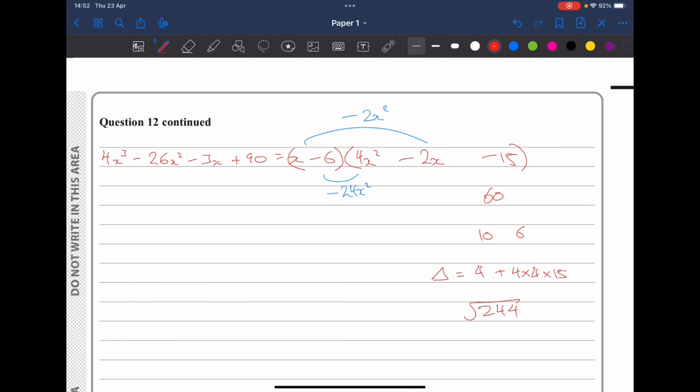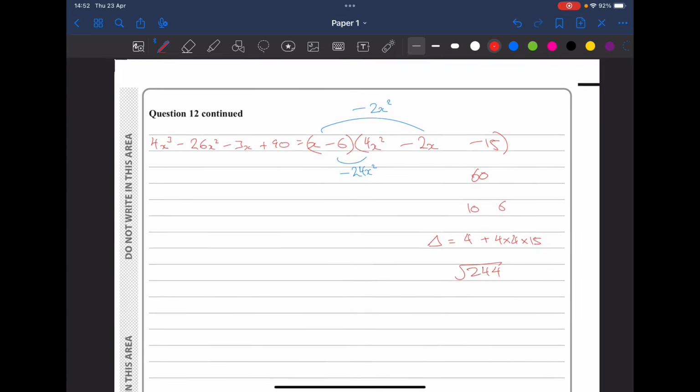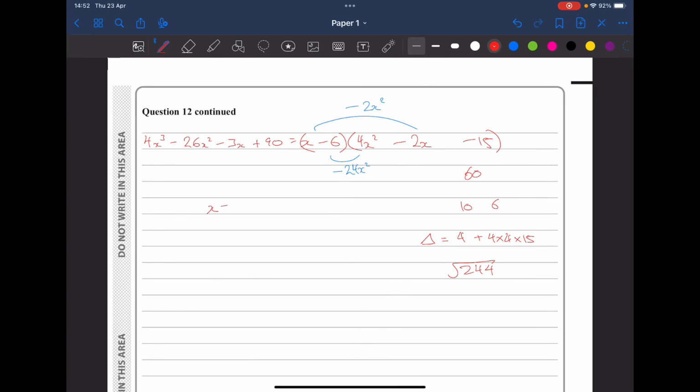Square root of 244 is 2 root 61. So effectively x is going to be minus b, so 2 over 2a, 8, plus or minus 1 over 2a, an eighth, of 2 root 61. So it's a quarter, well, 1 plus or minus root 61 on 4.